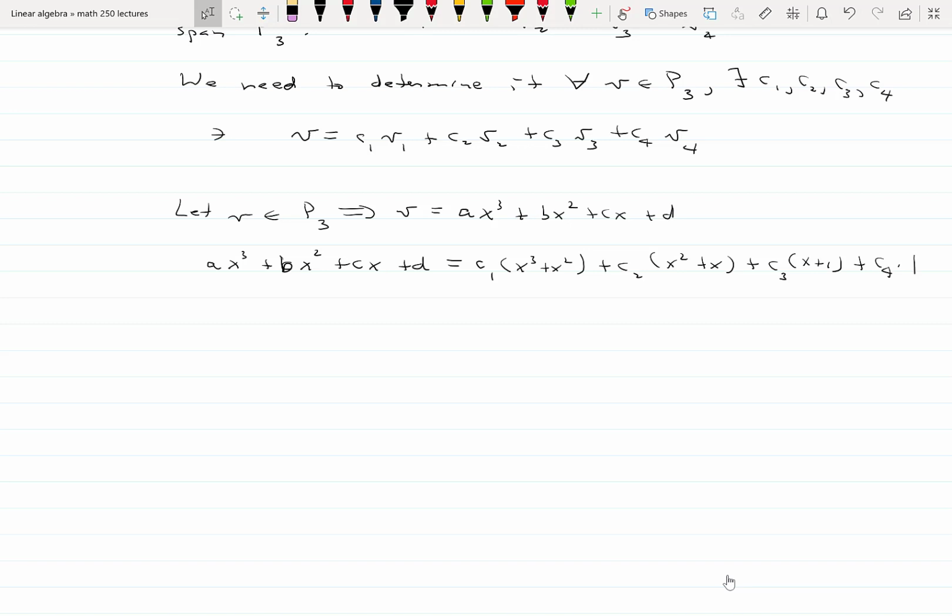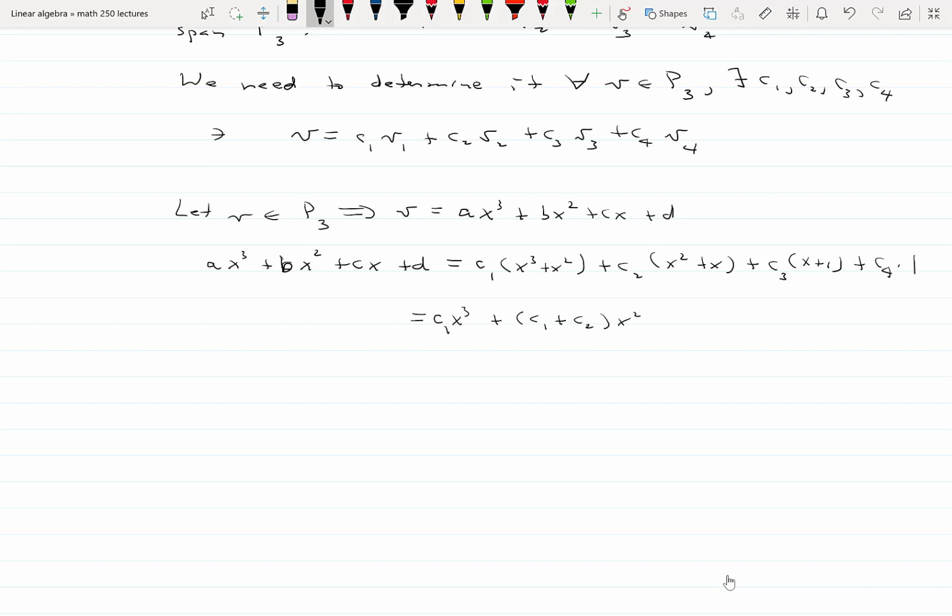So we'll gather the powers on the right, and set the coefficients on the powers on the right equal to the coefficients on the left. Okay, if you missed what I just said there, I don't blame you. On the right, we can write this as C1 times x cubed plus, now look at the coefficients of x squared, C1 plus C2 times x squared.